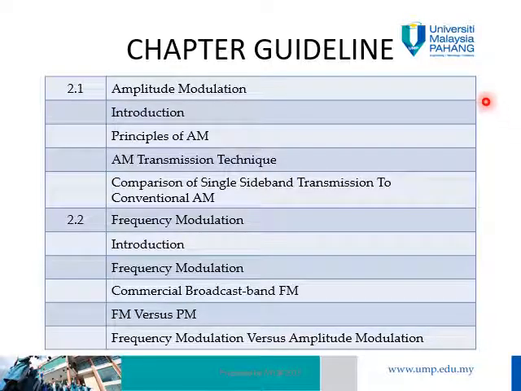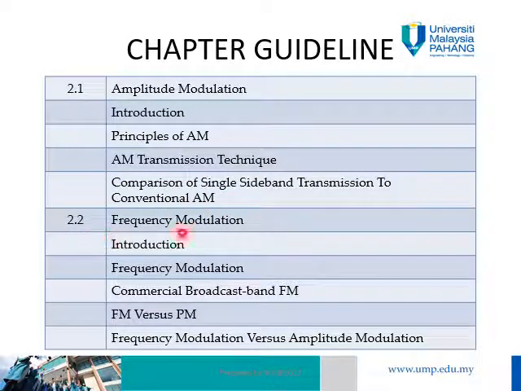This chapter consists of amplitude modulation in part A, part 1, and frequency modulation in part 2 or 2.2. In amplitude modulation, we will cover introduction, principles of AM transmission technique, comparison of single sideband transmission to conventional AM.